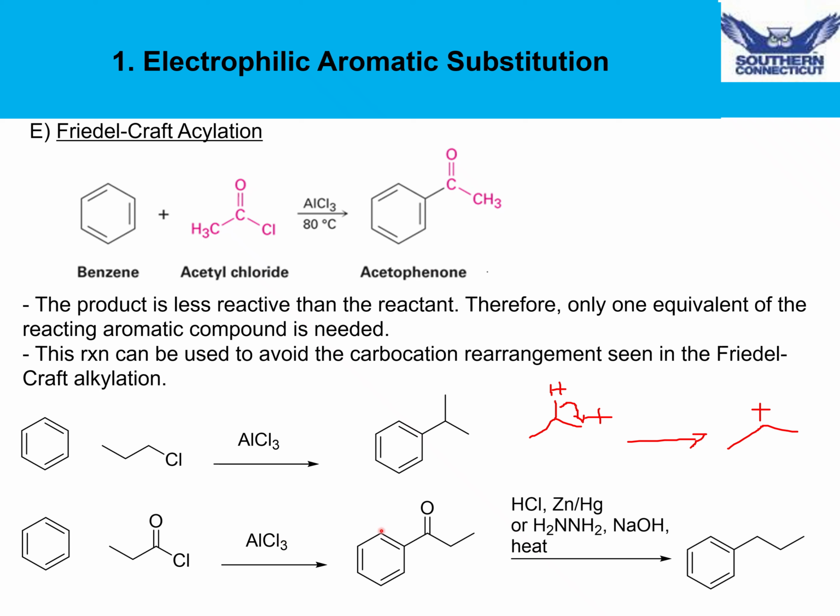We end up with this as a product. And if we reduce this carbonyl by a Clemmensen reduction or a Wolff-Kishner reaction, we can remove that carbonyl and end up with a propyl group there. So combining the acylation plus the reduction of the ketone will give us the product that we're looking for.